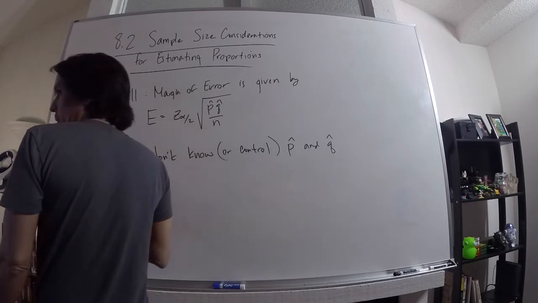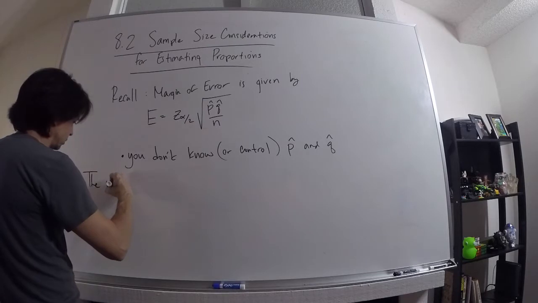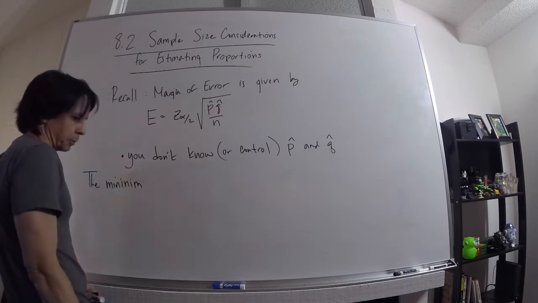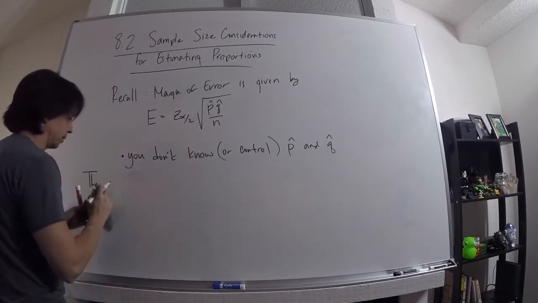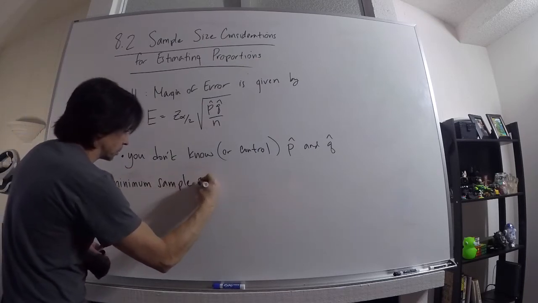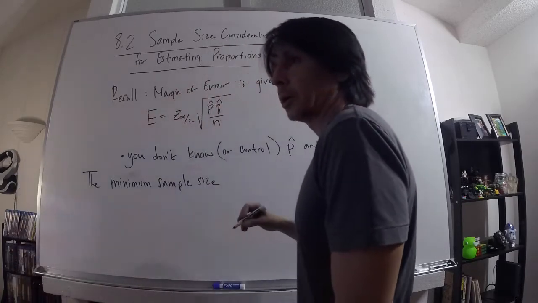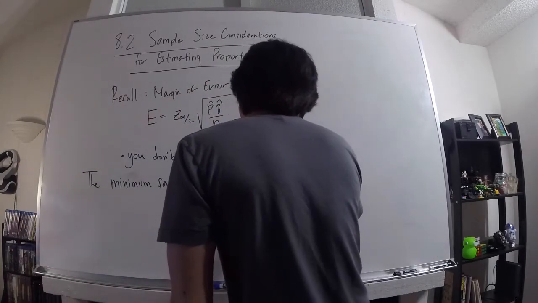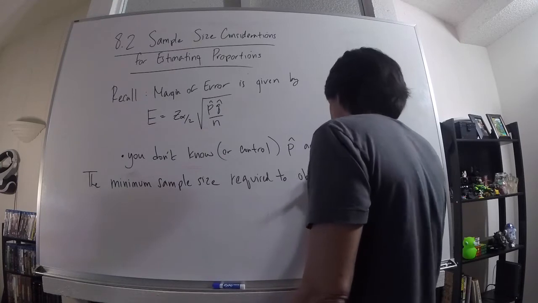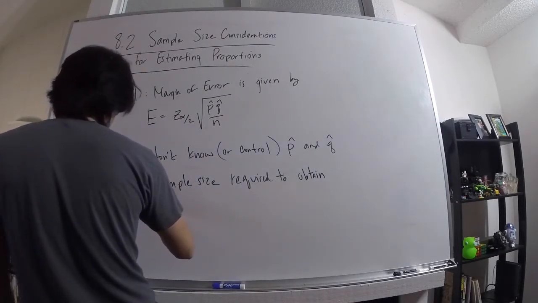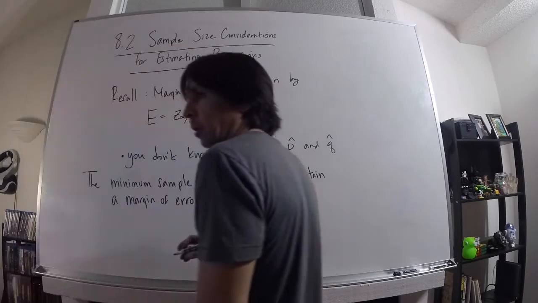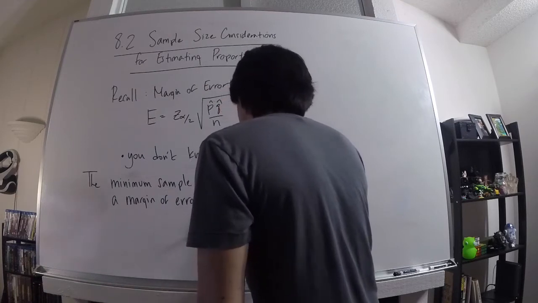All right, anyway. The minimum sample, I'm just going to go straight to the formula. I missed spelling it, hold on. The minimum sample size required to obtain a margin of error of at most E, meaning you want that or less.